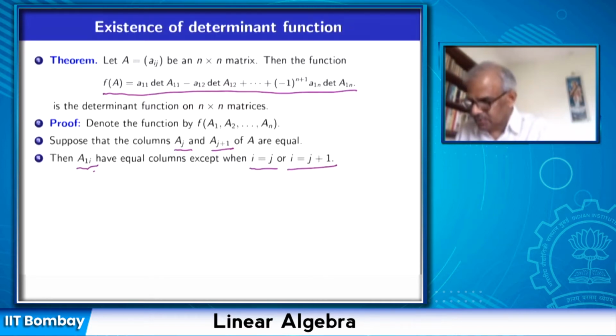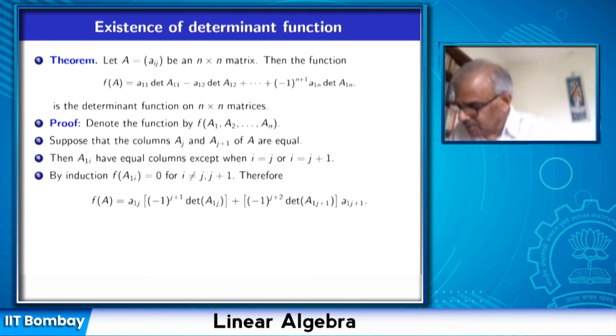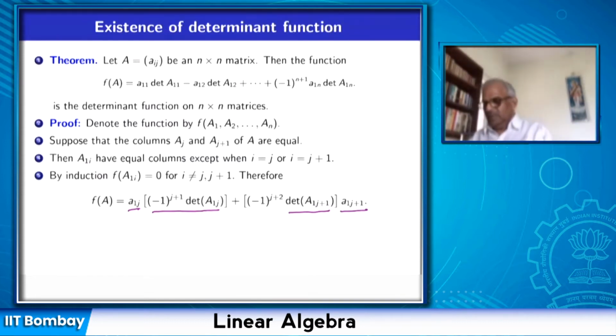So we substitute these values. f of A will have only 2 terms left: A1j times the determinant of A1j, and A1j plus 1 times the determinant of A1j plus 1. The sign here is minus 1 to the power j plus 1, and here the sign is minus 1 to the power j plus 2, because the other determinants are all 0.